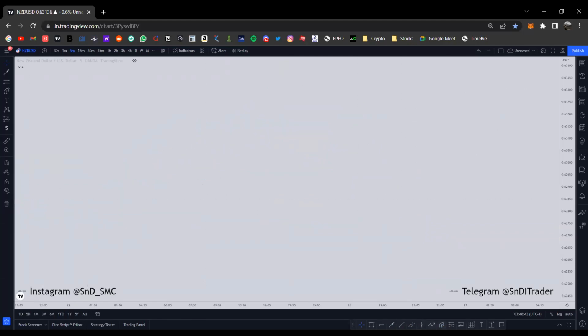But many people use this as a BMS, like price making higher high, higher low, higher high, higher low. This will not be a BMS. Why? Because this is just an uptrend formation. We will only consider it a BMS if the previous higher low got taken out.